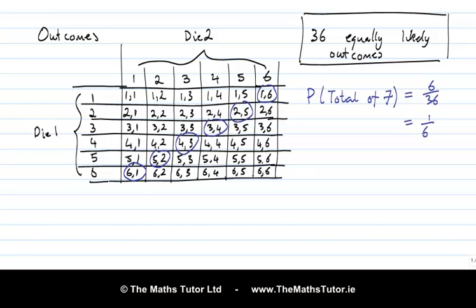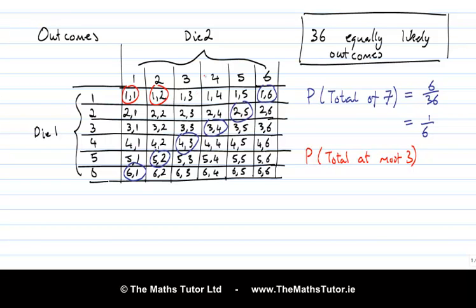What about the probability of rolling a total of at most 3? Well, we can calculate this in the same way. We look at this table and we pick out the outcomes that correspond to this event. So which outcomes give us a total of at most 3? Well, 1 and 1 certainly does. 1 and 2. 1 and 3 doesn't work.